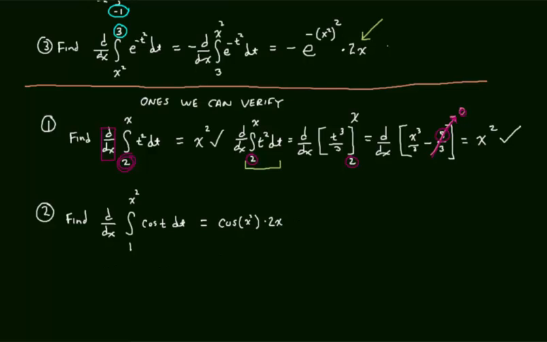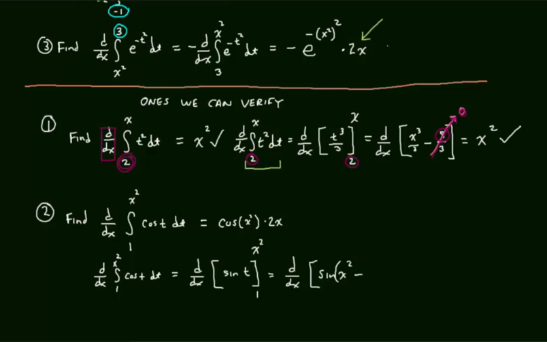Now I'm going to actually run through the process and rewrite it first. Okie dokie. Keep the derivative out front. I'm going to find the antiderivative of cosine t, which is sine t, and I'm going to take that from 1 to x squared.